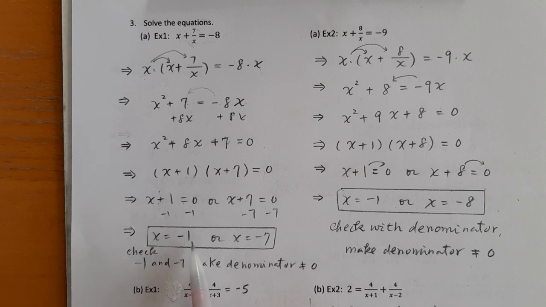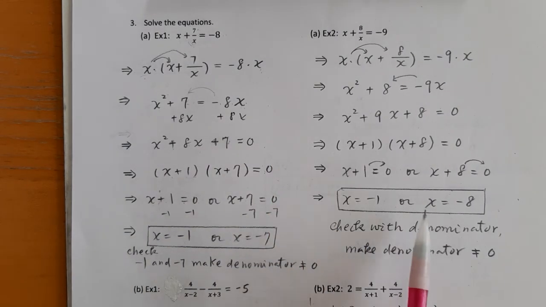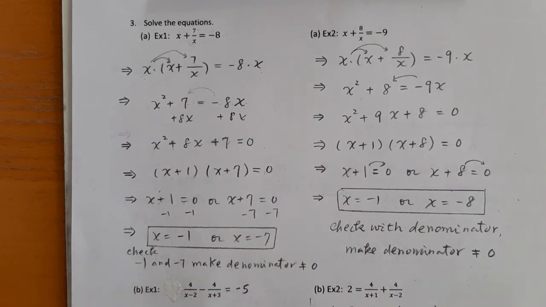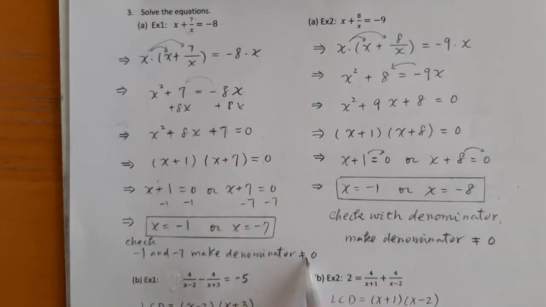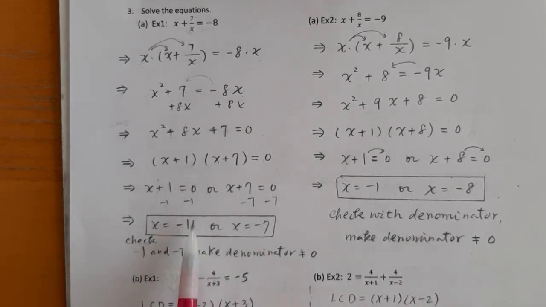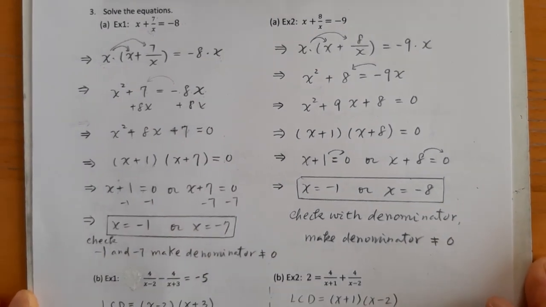So negative 1 on the denominator is okay, and negative 7 on the denominator is non-zero. So check negative 1 and negative 7: they make the denominator non-zero, not equal to 0. So those are the solutions: negative 1 or negative 7. Always check with the denominator.